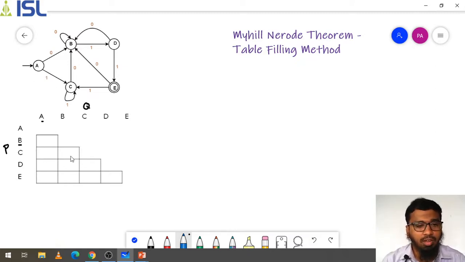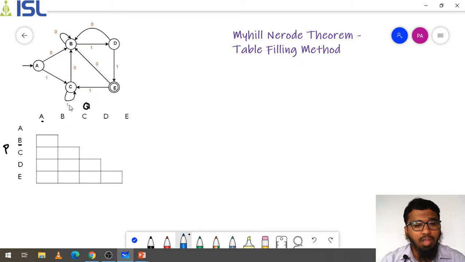No tick. C and B: the connection is there, but B and C both are non-final states, so we need not mark. D and A: both are non-final states, so we cannot tick.